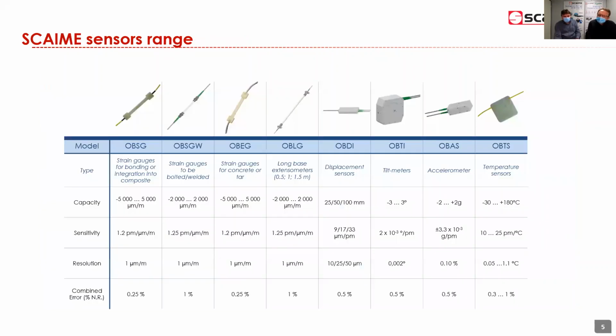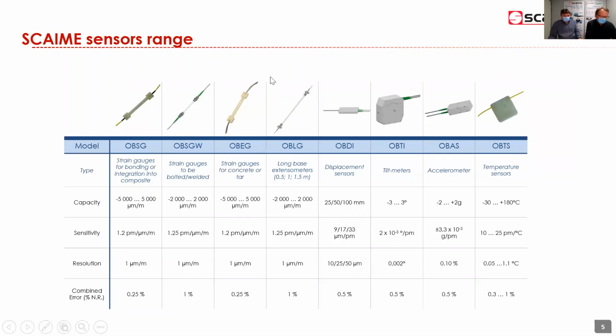So then, very quickly, our standard range of sensors. We can have some more specific, but mainly we measure deformation with different kinds of strain gauge. The first on the left is to be just bonded on a structure. Then we have some that can be welded on mechanical structures.